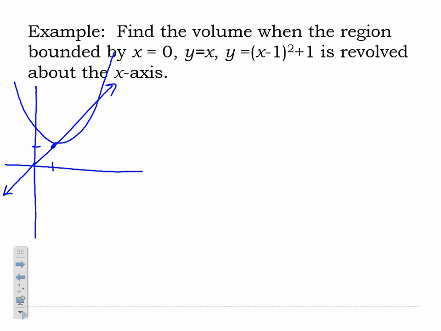Okay. So if I'm talking about x equals 0, y equals x, and our parabola, then we're talking about this, it's not a triangle, but it's triangle-ish shaped region right here, right? So I'm going to go ahead and erase the rest of this so it's not cluttering up our picture.